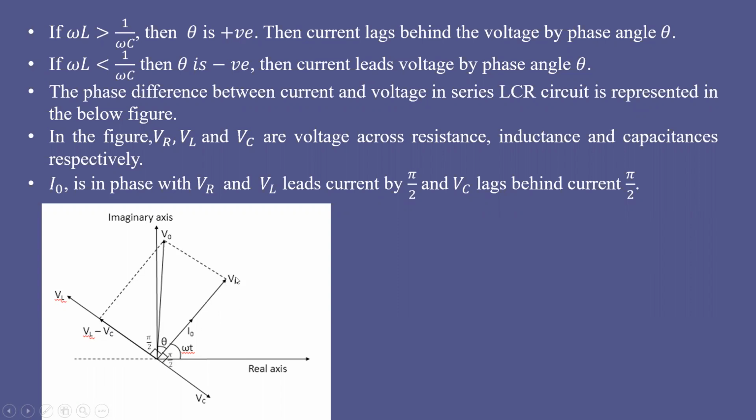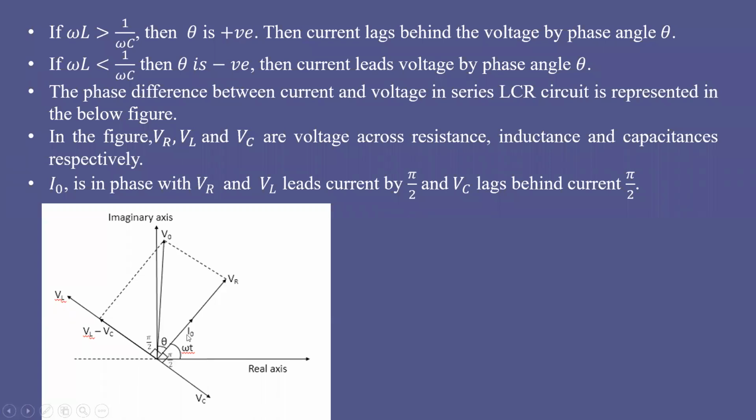Then you have to find the resultant vector of the two vectors by taking the law of parallelogram of vectors. You draw one parallel line with respect to VL minus VC here. You draw one parallel line with respect to VR here. And the vector V0 represents the effective voltage of the series resonance circuit. And this has the angle theta with I0.